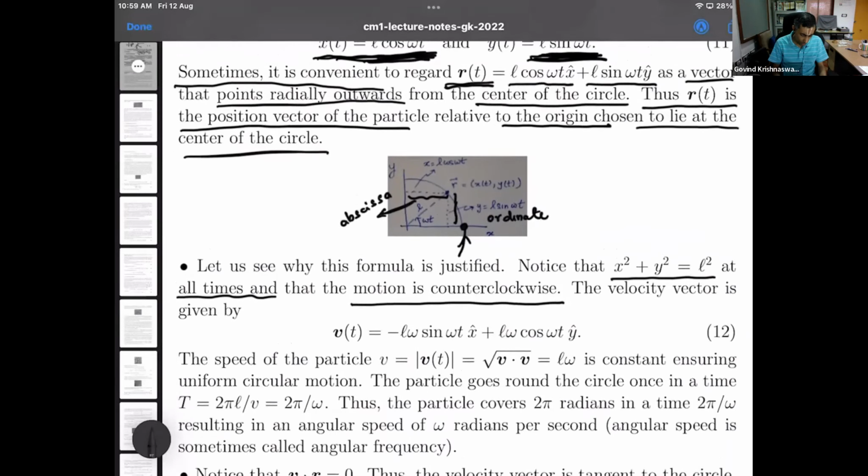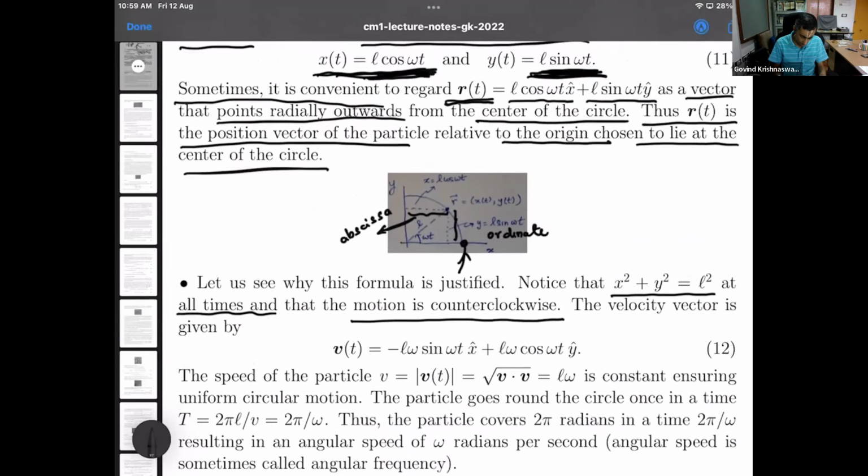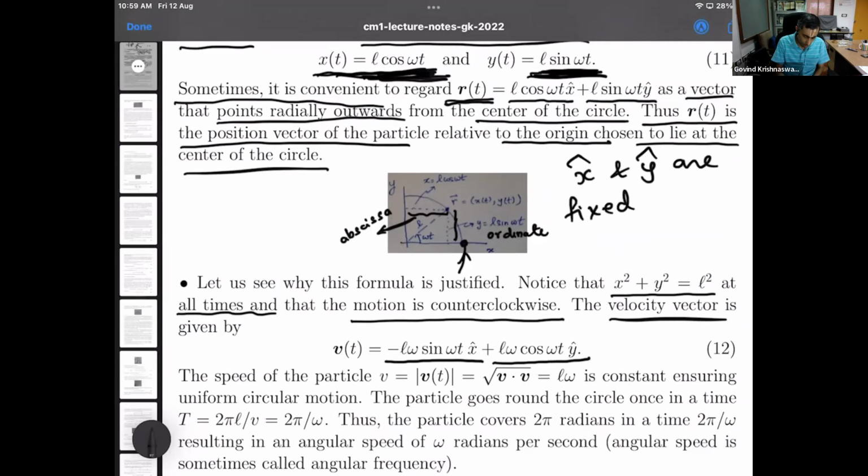Now, from this position vector formula, we can compute the velocity vector simply by differentiation. And you will agree with me that if I differentiate L cosine omega t, I'm going to get minus L omega sine omega t x hat, and then L omega cosine omega t y hat. Okay, x hat and y hat are fixed vectors. That's very important.